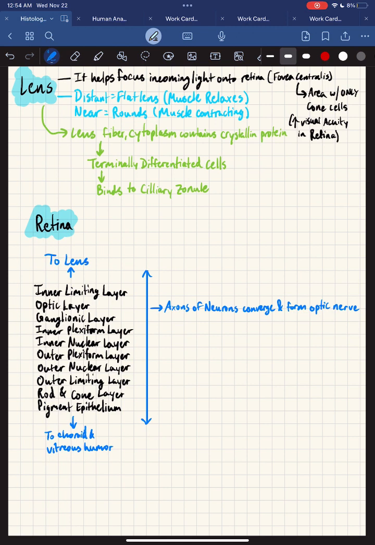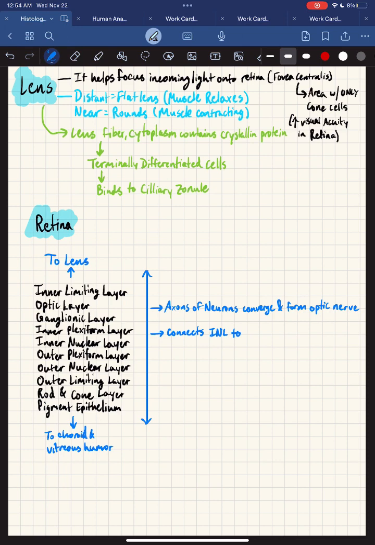Then the inner plexiform layer is our next significant layer. This layer connects the inner nuclear layer, the INL, to ganglion cells. So it's basically linking the INL to the ganglionic layer, more or less.